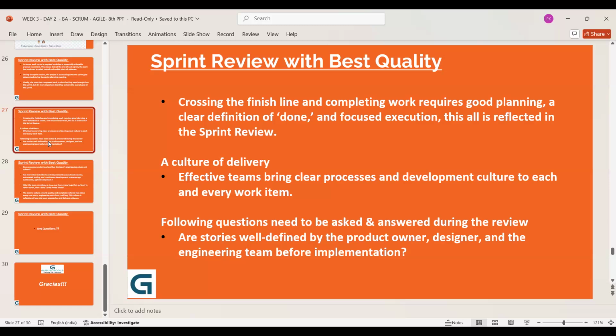No, as a team, we have to be completely giving our best towards the overall development and overall delivery. A culture of delivery means we should not only concentrate on our work, but that work should be as per the customer demand.